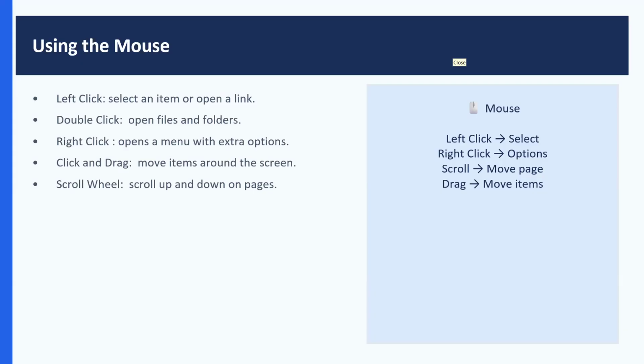And then double click will open up any files and folders or anything else. Right click will open a menu with extra options, and it is also the thing that allows you to select most applications on your computer. And then click and drag moves items around the screen, and then the scroll wheel can help you scroll up and down.